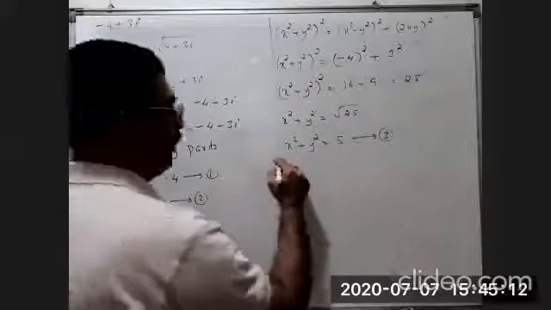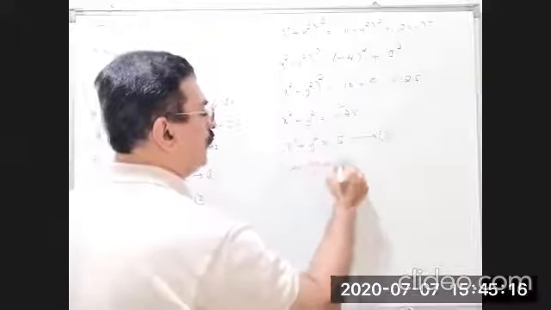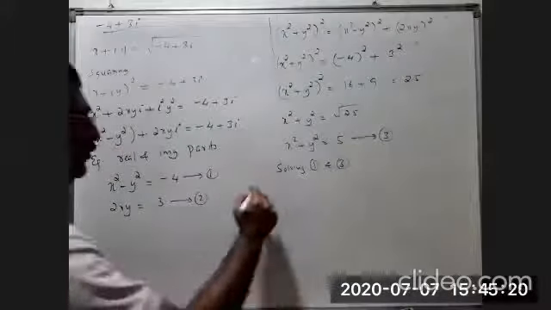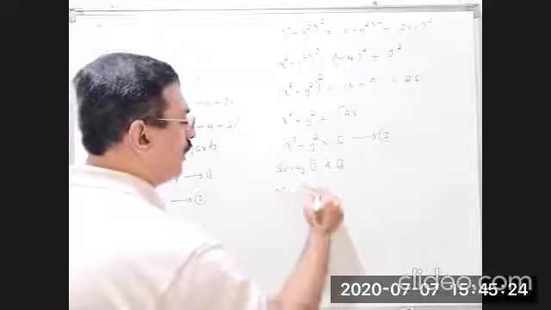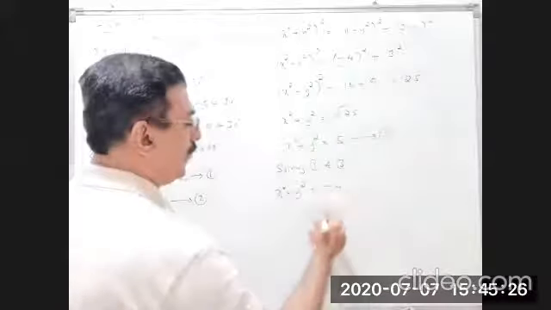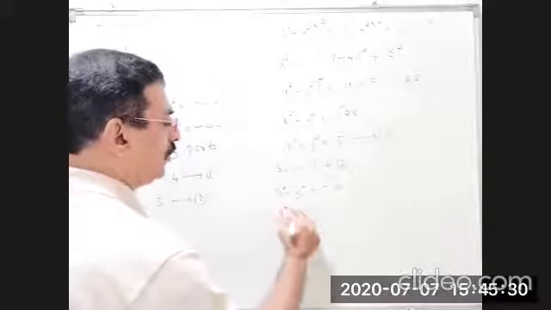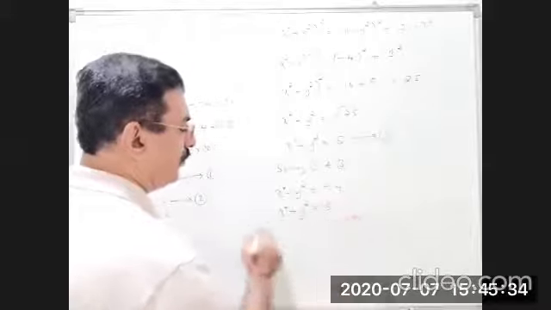Now solving 1 and 3. Solve it. First equation is x square minus y square is minus 4. Equation number 3 is x square plus y square is 5.